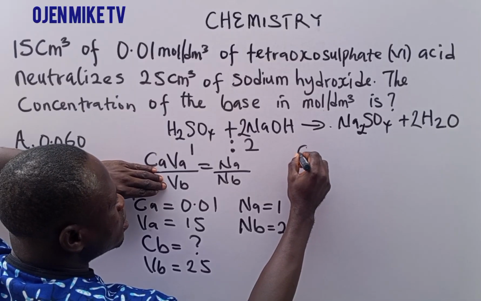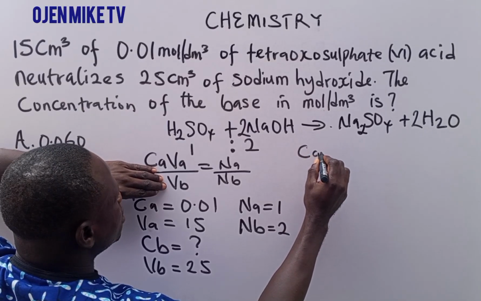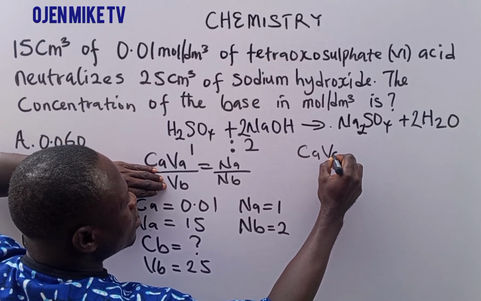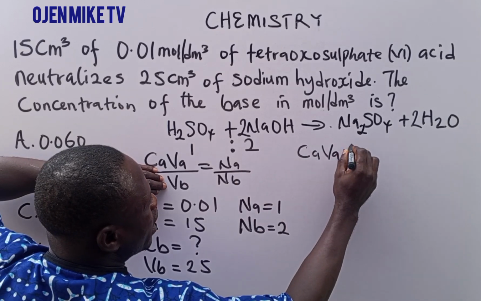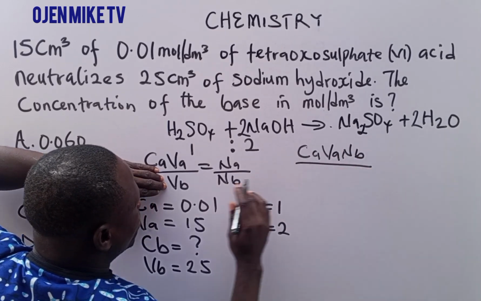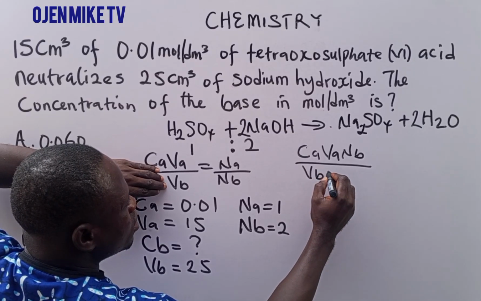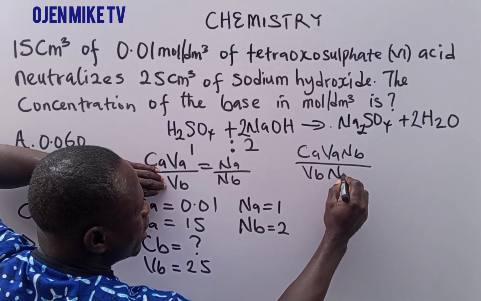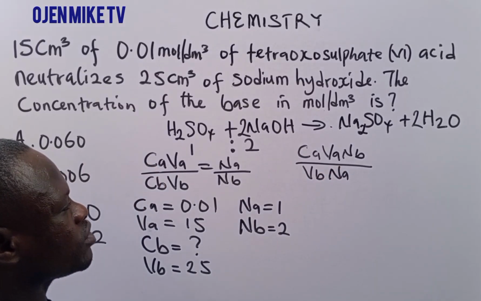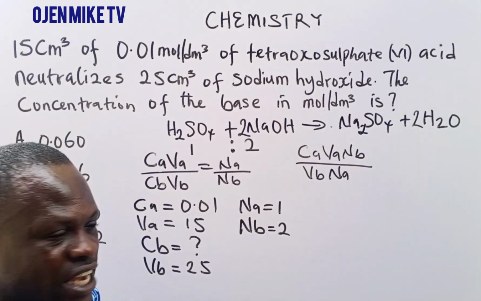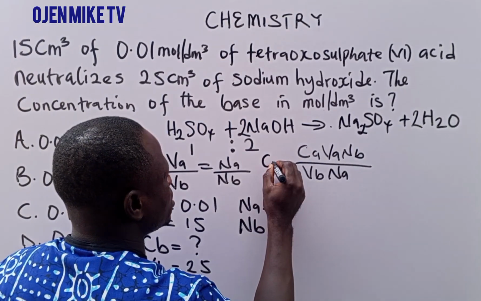So we have CaVaNb divided by VbNa. That's how you are going to divide it. So that is our Cb.